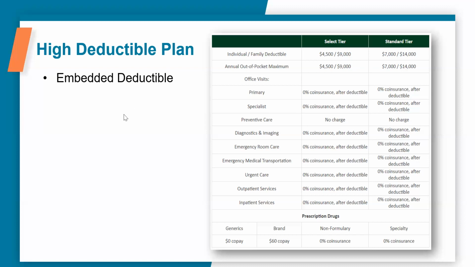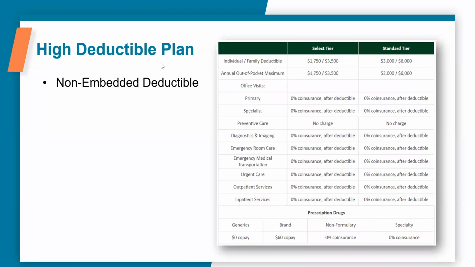So hopefully that helps to explain. There are two different high deductible plans. This non-embedded plan means that if you are on a family, you have family members on your plan, you are going to expect to pay this deductible amount versus the single. So that's really the main difference.